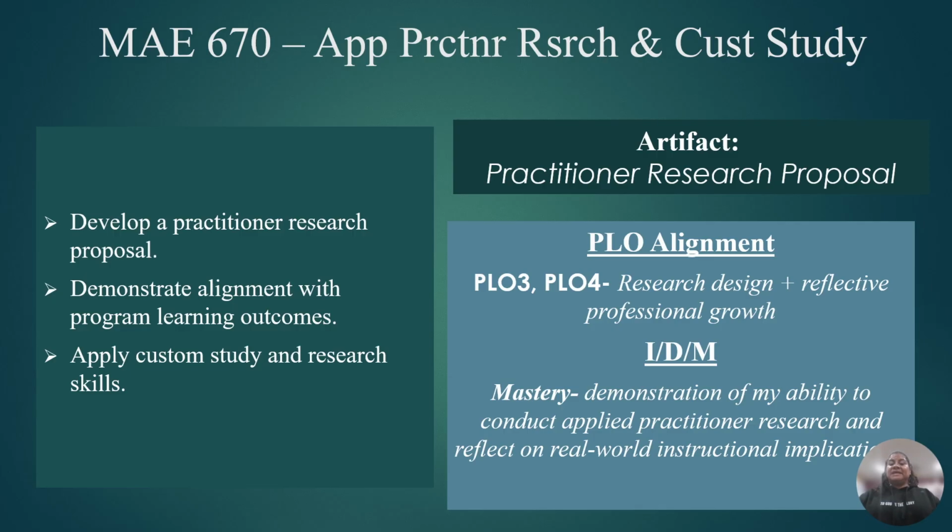This involves designing a research question, developing a practitioner research proposal, and creating a reflective presentation to demonstrate alignment with the Master of Arts in Education program's learning outcomes. It fully demonstrated PLO3 and PLO4 at the mastery level because it was created, refined, and aligned to a real instructional context.